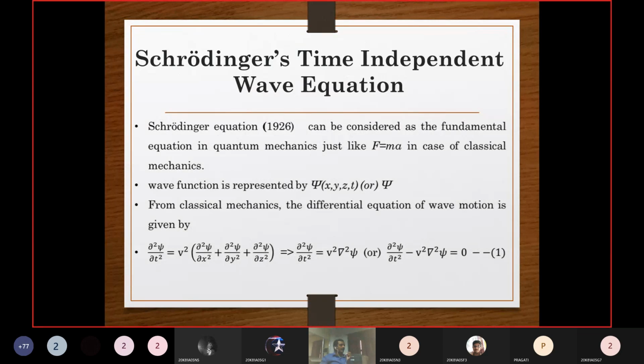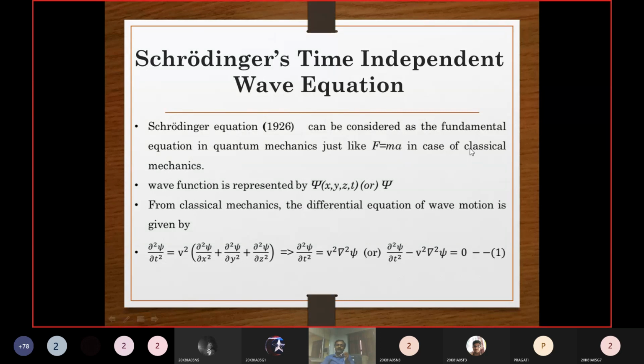Like in classical mechanics, for explaining the motion of a particle we use Newton's laws. In Newton's law, F equal to ma: force is equal to mass into acceleration.